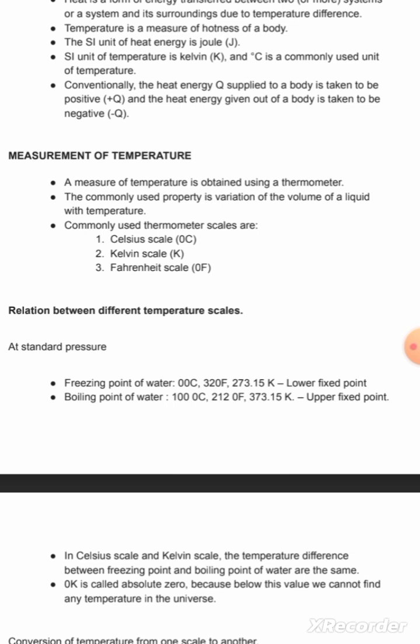Relation between different temperature scales. At standard pressure, freezing point of water is 0 Celsius, 32 Fahrenheit, 273.15 Kelvin. These are lower fixed points. And boiling point is 100 degrees Celsius, 212 degree Fahrenheit, 373.15 Kelvin, upper fixed point.